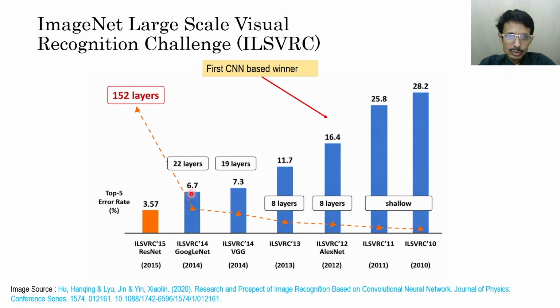And the error rate is also more or less half. So this is a very important milestone that was laid in 2015 by virtue of proposing this ResNet. Today, we start understanding what this ResNet is all about.